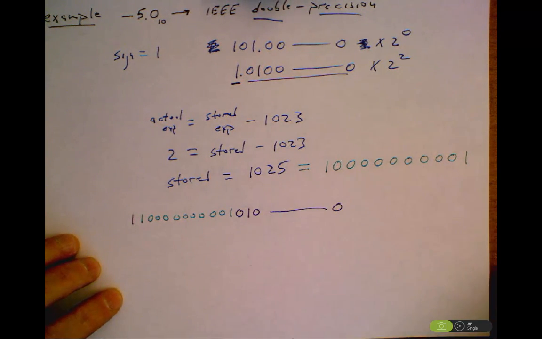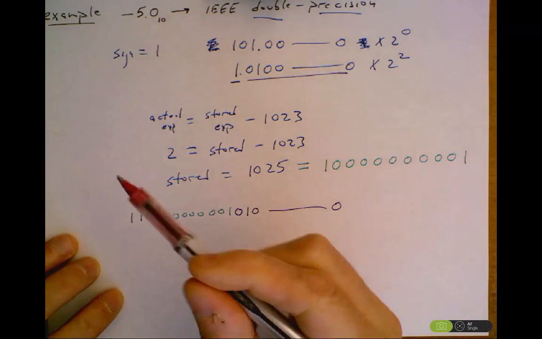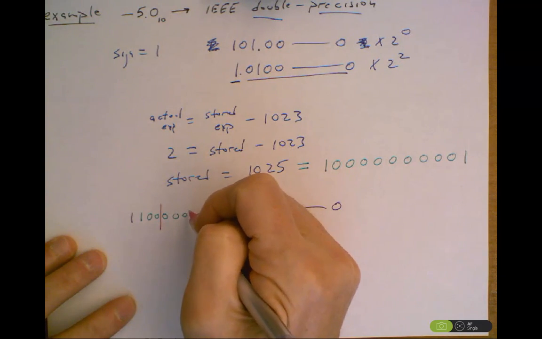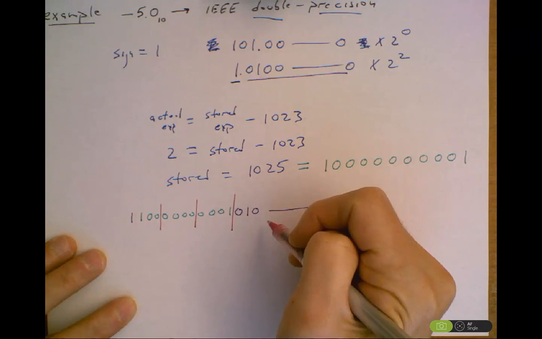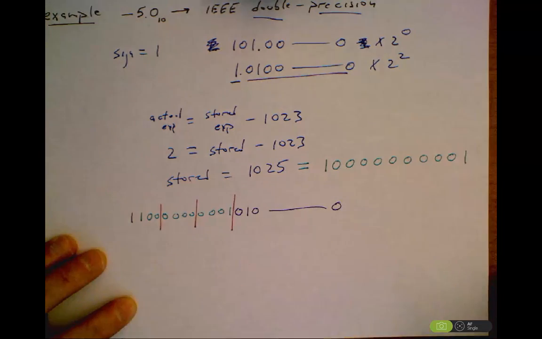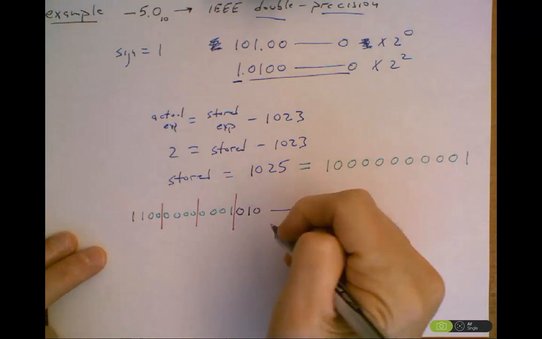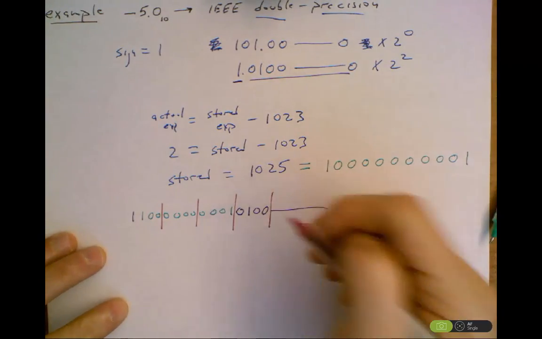Again, I'll probably ask you for this in hex, so you have to divide this into 4-bit chunks. And let me put another 0 in here. The rest of those are all going to be zeros.